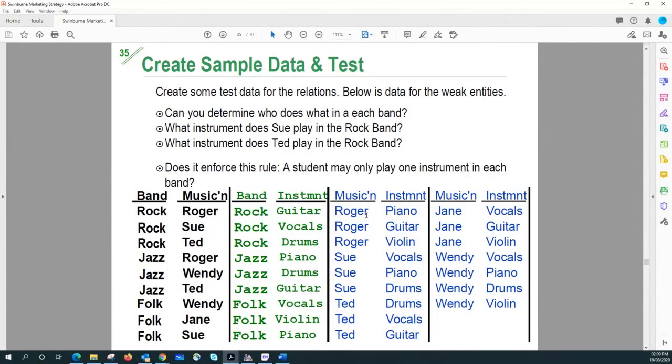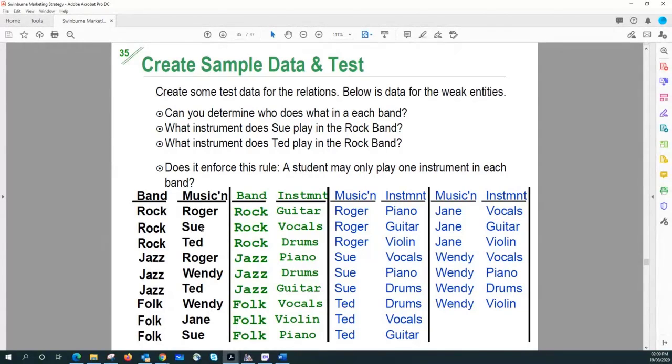And the third table gives which instruments each musician can play. Sue can play vocals, pianos, and drums, so she can play three types of instrument. But which instrument is she playing in this rock band? It's not so clear, is it?